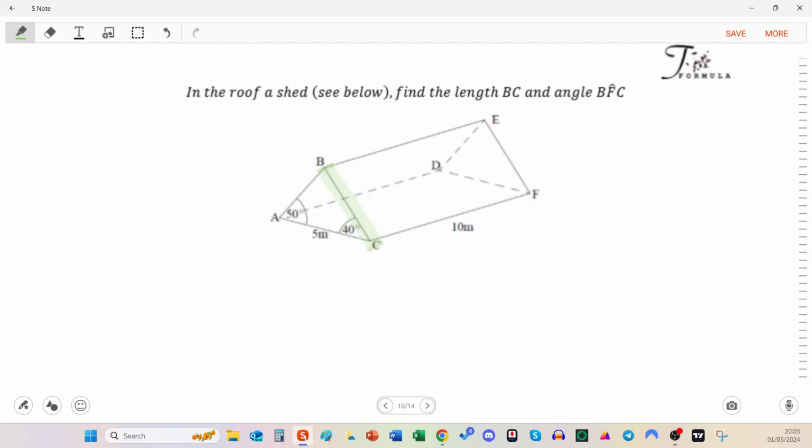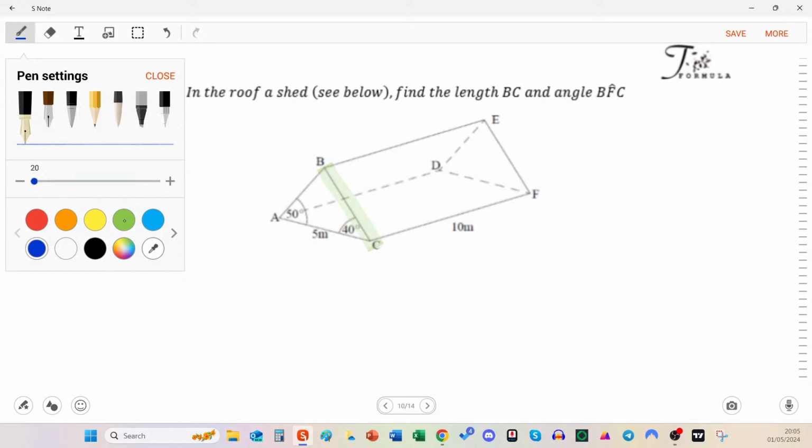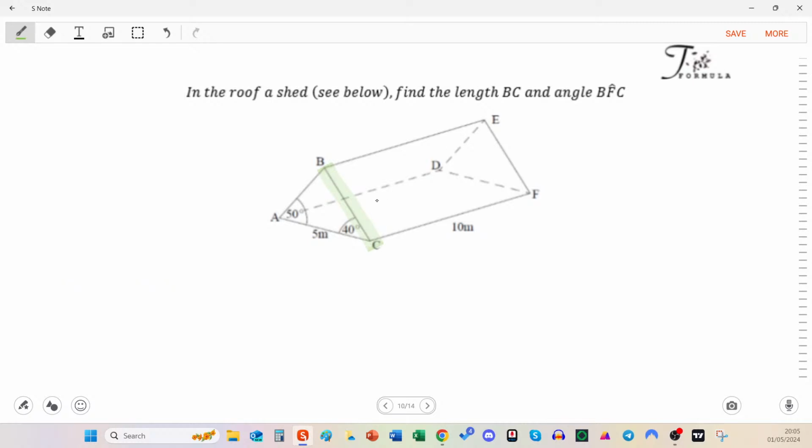And angle BFC is going to be where we go from B to F to C. If we go straight from B to F and then to C, we'll create an angle here.